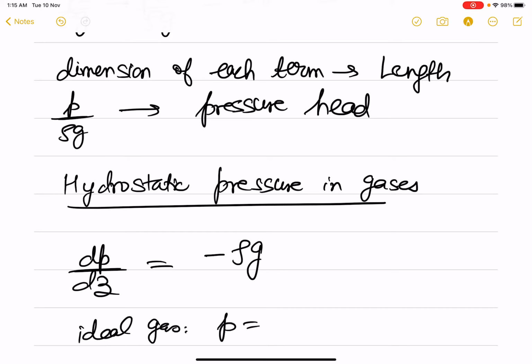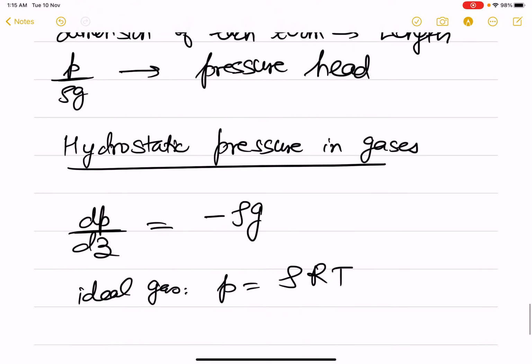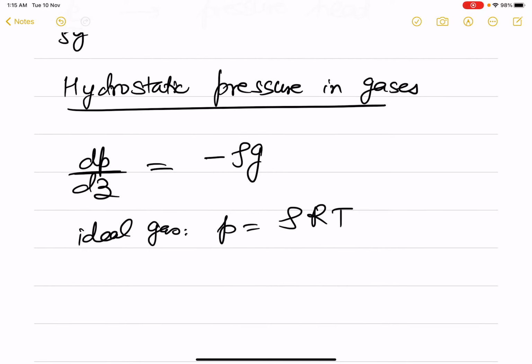So therefore P is equal to rho RT. So from here what we get is dP by dz is equal to minus P times g by RT. So we have replaced rho by P by RT.